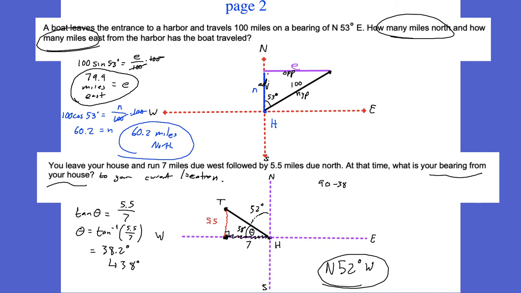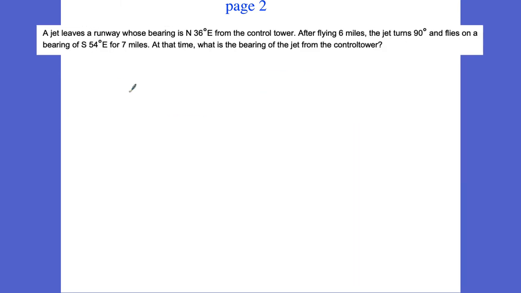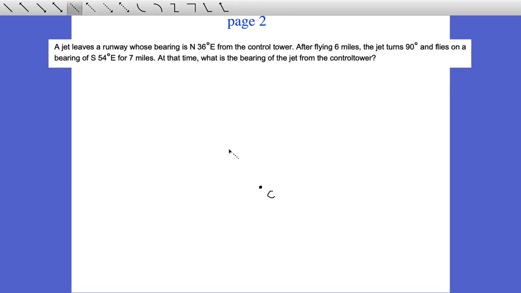All right, last one on page 2. So we have a jet that leaves a runway whose bearing is north 36 degrees east from the control tower. So we start at control tower, we'll call it C for control tower. We make our cardinal direction cross here.